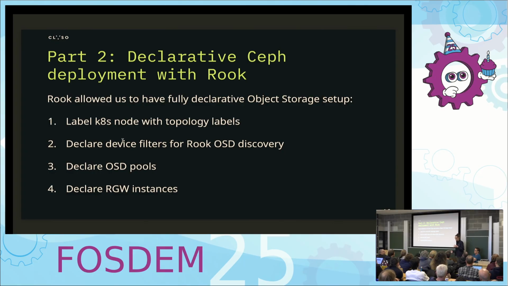You label these nodes with topology labels, like they exist in your data center: row, rack, blade, and so on. You declare device filters in the Rook cluster configuration, because if you don't do this, Rook will try to discover all devices on the nodes and convert them into OSDs. If you don't want this to happen, you can use filters.